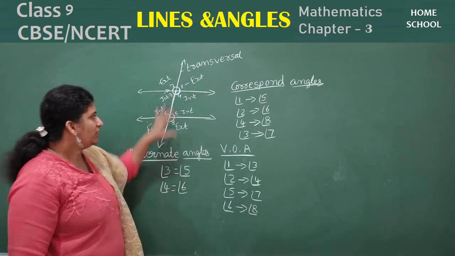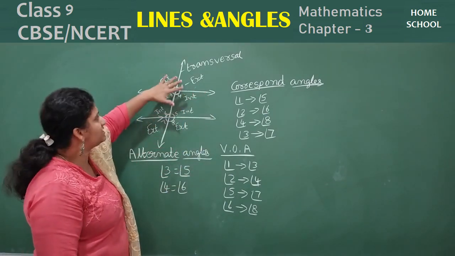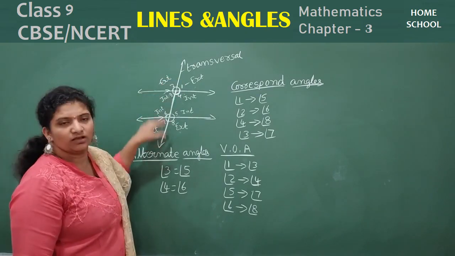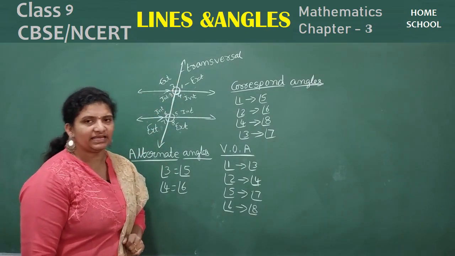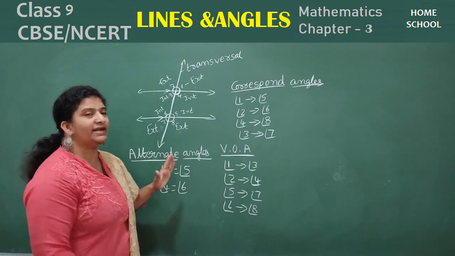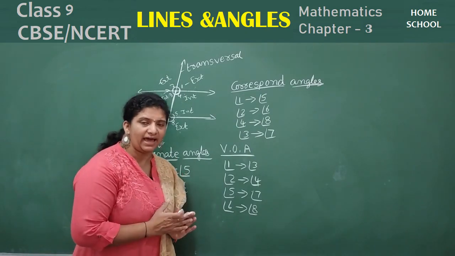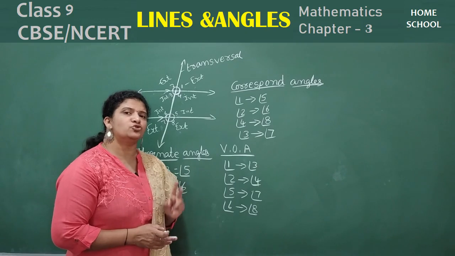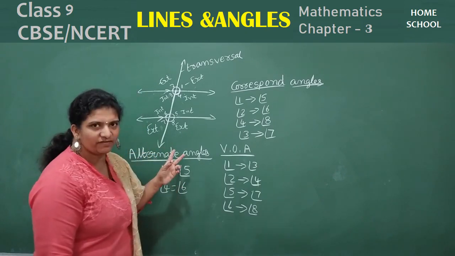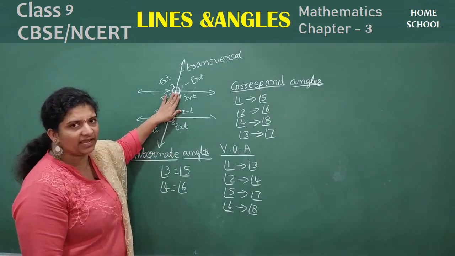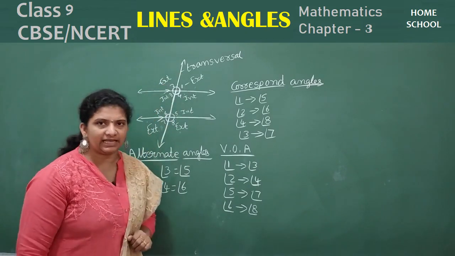These four are interior angles and these two pairs, four angles, are exterior angles. So look here, a transversal divides two parallel lines in such a way that it forms 4 interior angles and 4 exterior angles.